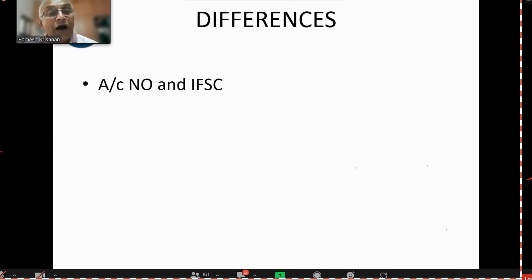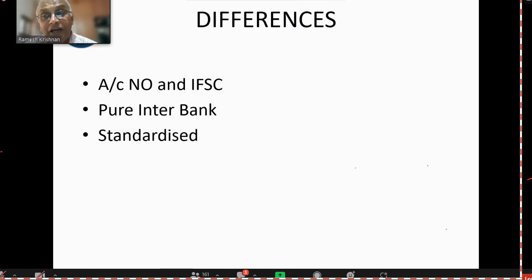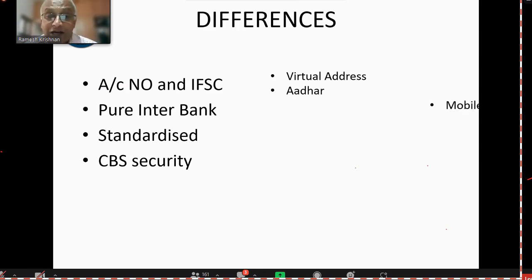Now, what is the difference between RBI and the other one? Okay, account number and IFSC, so pure interbank standardized, and core banking solutions is your backbone security. Whereas in your mobile phone, you can create a virtual address, so an Aadhaar or IMEI number and mobile number, and account number plus IFSC that is there.